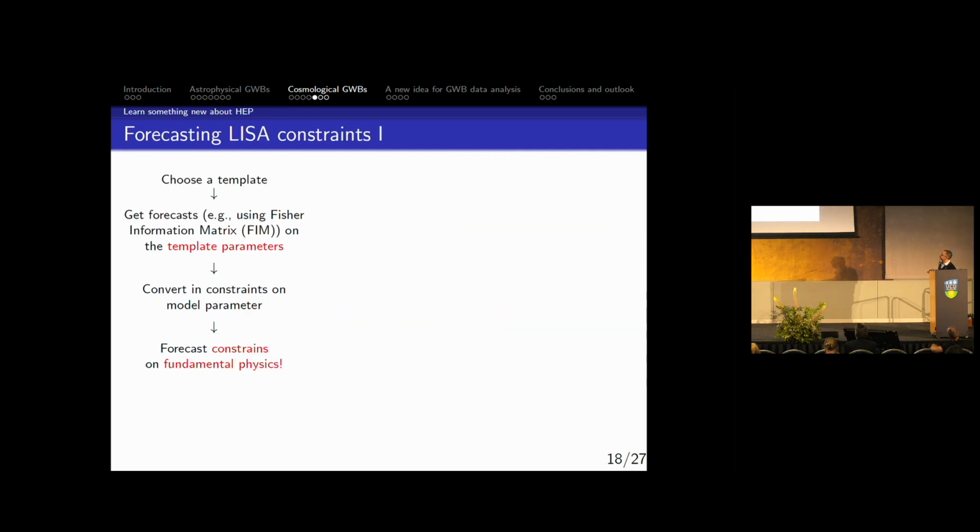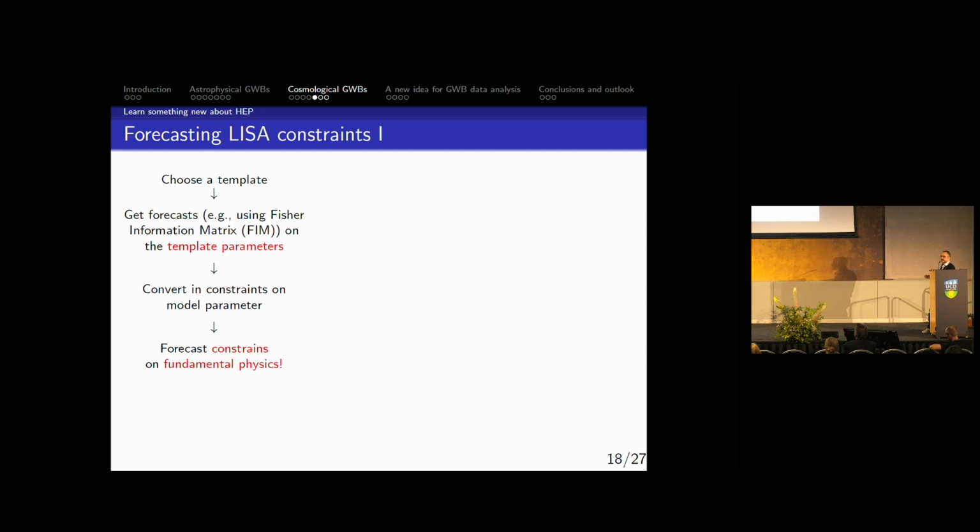OK, let me say a few words about what we can do with these signals. So at the moment, we have no data, but at least we can start doing forecasts and check how well we would be able to constrain the parameter space for the different injections. This is something we did in a series of papers, for example, from the LISA Cosmology Working Group. What we did is, first of all, we chose templates. We checked with just Fisher formalism how well you can measure the template parameters for different injections.